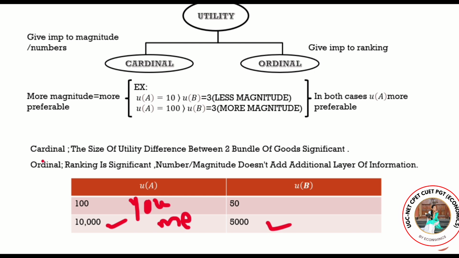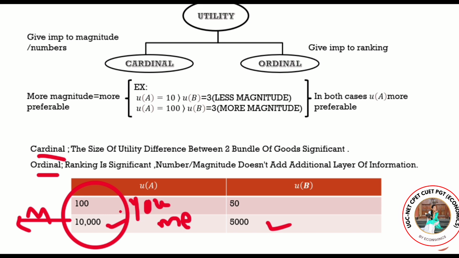According to cardinal utility, I get more utility than you, so my magnitude is more than yours. According to ordinal utility, A is more preferable because the utility from A is more than the utility from B. But in cardinal, we only consider magnitude and numbers.